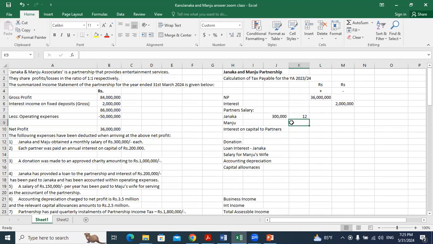Can that be deducted? That cannot be deducted. It has been deducted. Therefore, we add back. For the other part also, same.